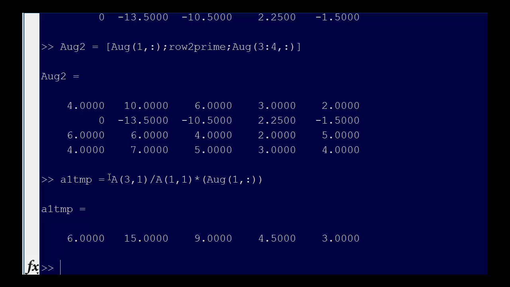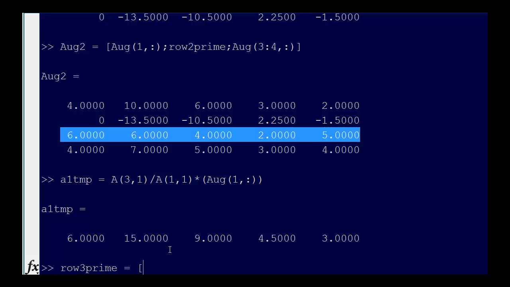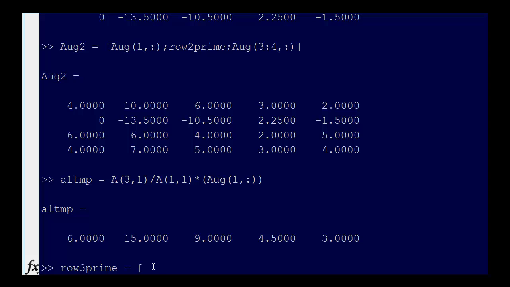Okay, and then we say aug3. Okay, and we'll say row 3 prime equals aug2. So we start with aug2, and we're going to modify this row.